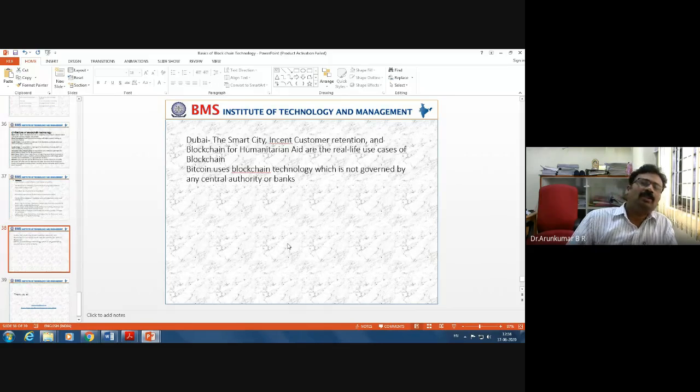We have many use cases of blockchain technology. In the real estate, it can be used. In the smart contracts, it can be used. In the land registration system, it can be used.